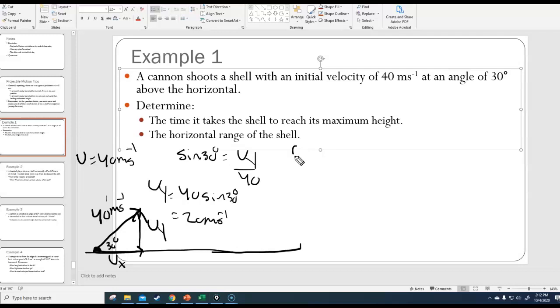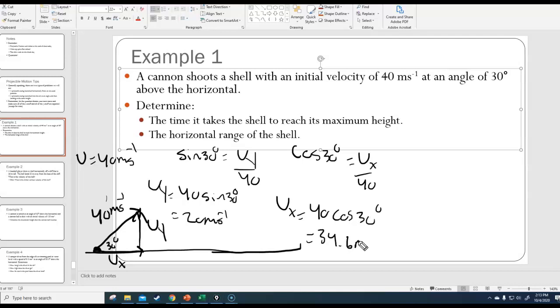I can do the same thing for ux. That would be 40 cosine 30 degrees, and I believe that's 34.6 meters per second if I remember correctly. So we have the components of the initial velocity vector.